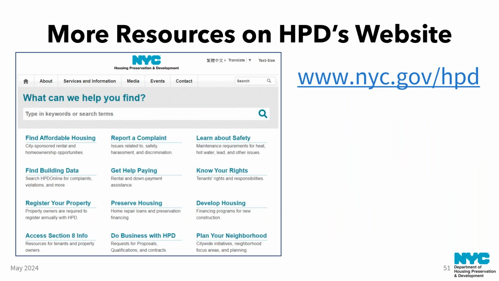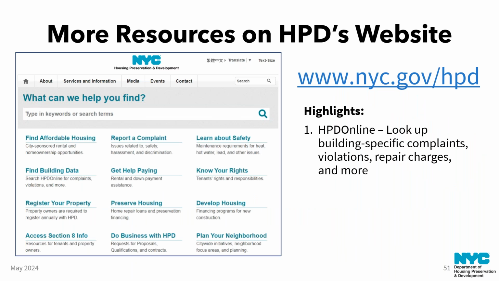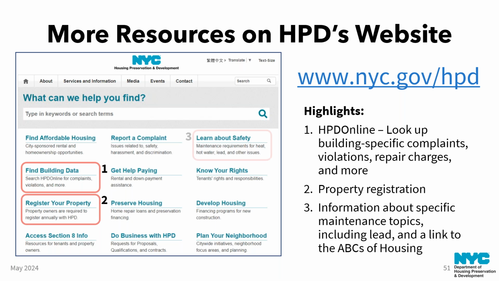There is plenty more to learn on our website. We have a lot of helpful resources for you about all kinds of topics, not just lead-based paint. Particularly our online search database, HPD Online, just got a nice upgrade. It's much easier to use than it had been, and you can find lots of helpful information there about your building.